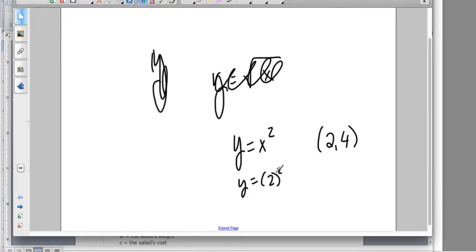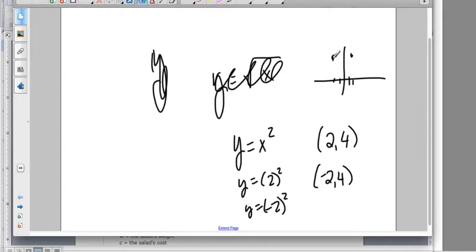Is anything in the whole wide world going to give me something that would make this not a function? Well, if I put in a negative 2 for x, negative 2 squared would also be 4. But if you think about that, 2, 4 would be here, and negative 2, 4 would be here. That's okay. That's still a function. So there's nothing that I could put in for x that would give me 2 y values. There's no x value that would be the same that would give me a different y value.